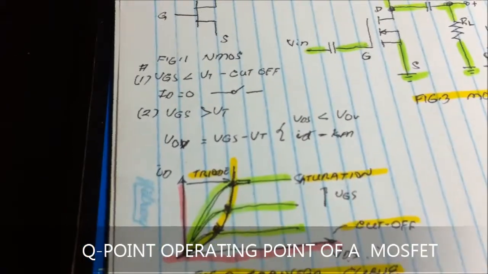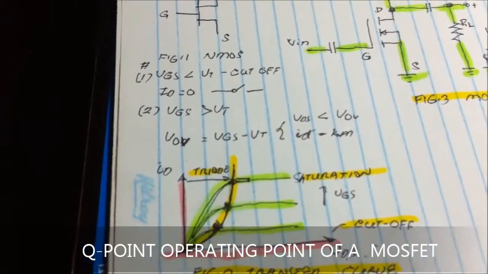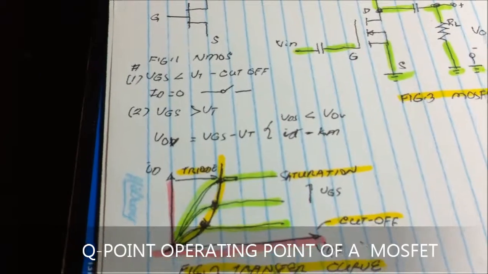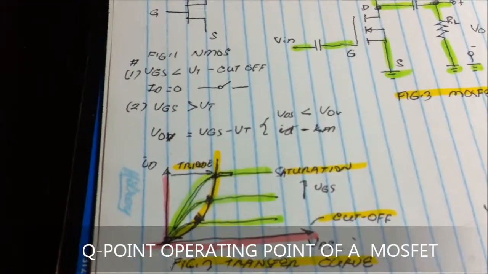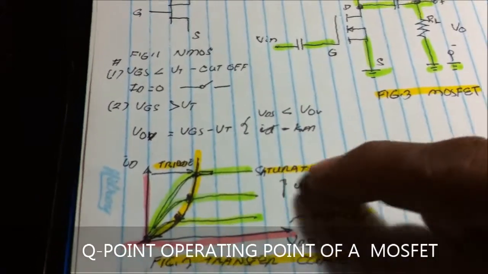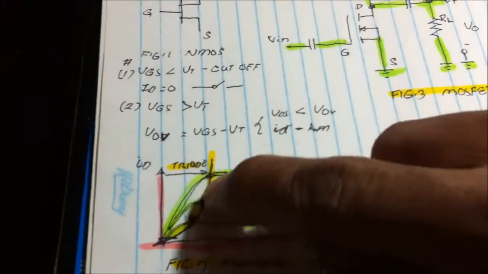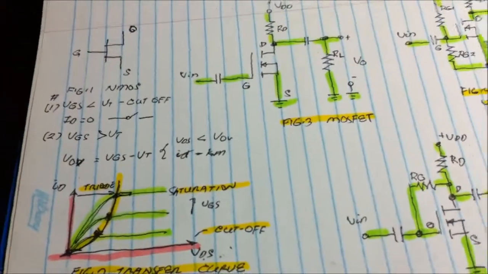The Mosfet is just like a resistor or a switch, saturated. So in this region, the Q point of the Mosfet, that is the transfer curve of the Mosfet.